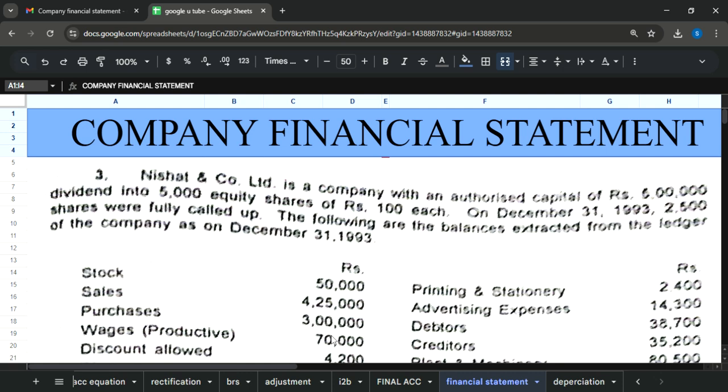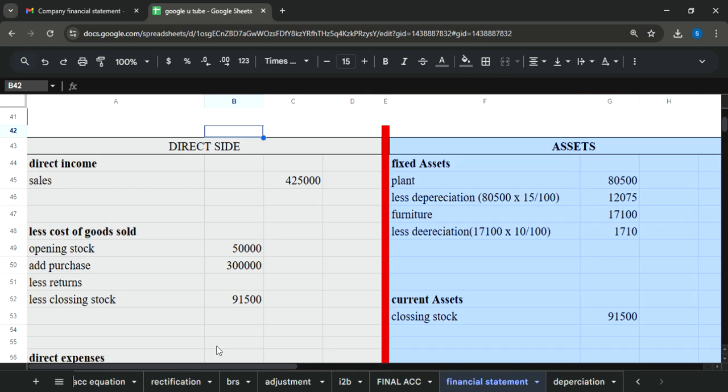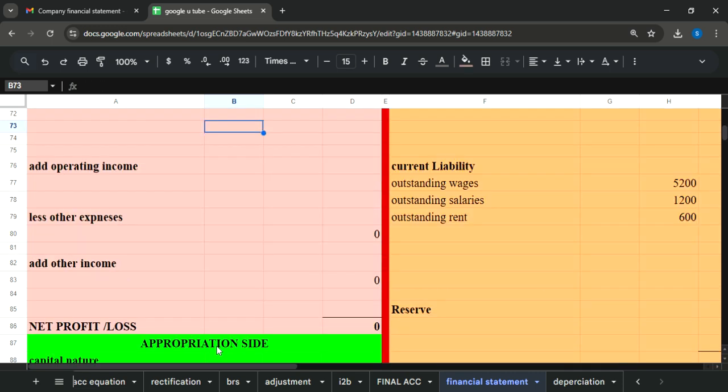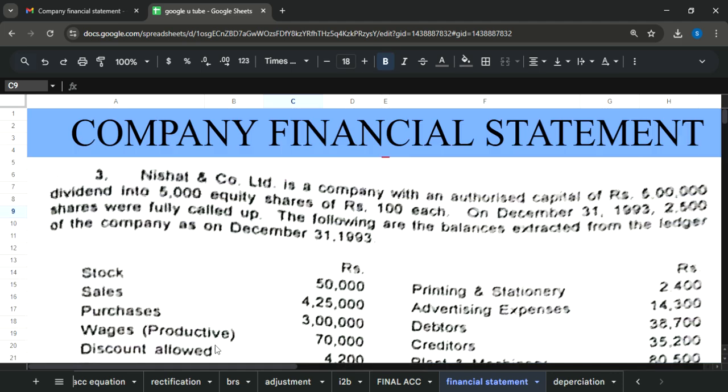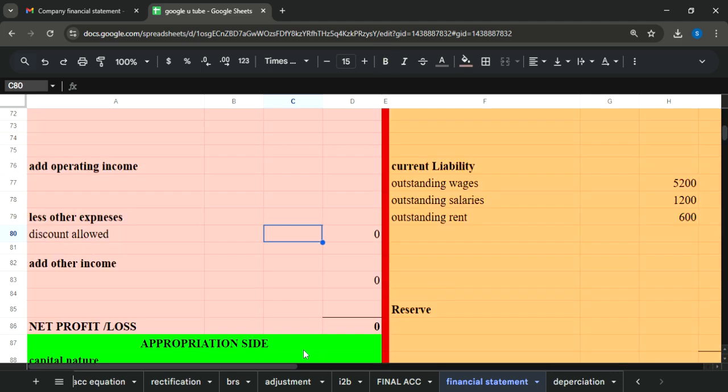After wages, we have discount allowed. This is part of other expense. And here you will write discount allowed. The amount of discount allowed is 4,200. Write down the amount in front of it.